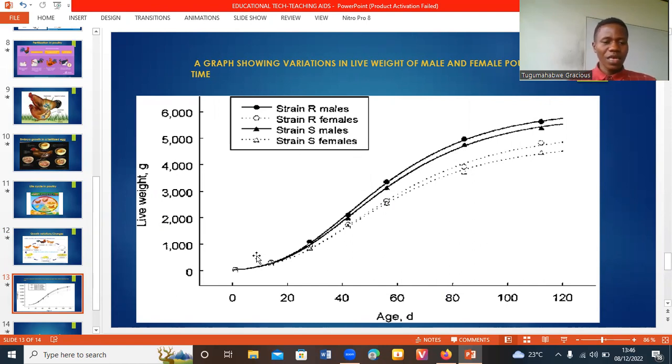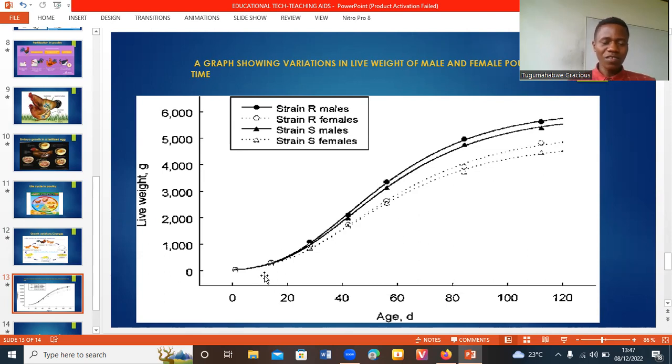So it is showing the age and the live weight. This is a line showing the variation in the weight of males, and this is showing the variation in weight with age in females.